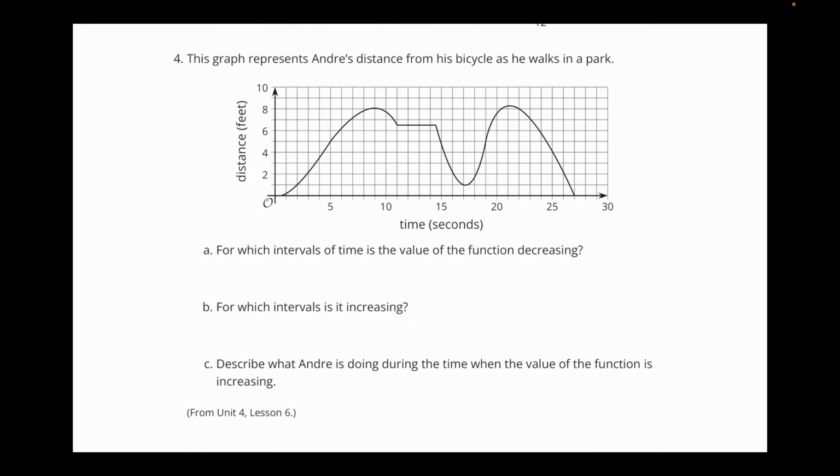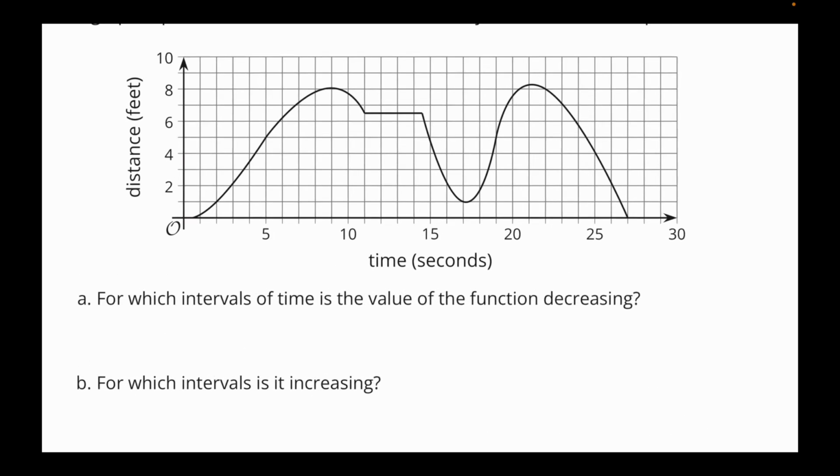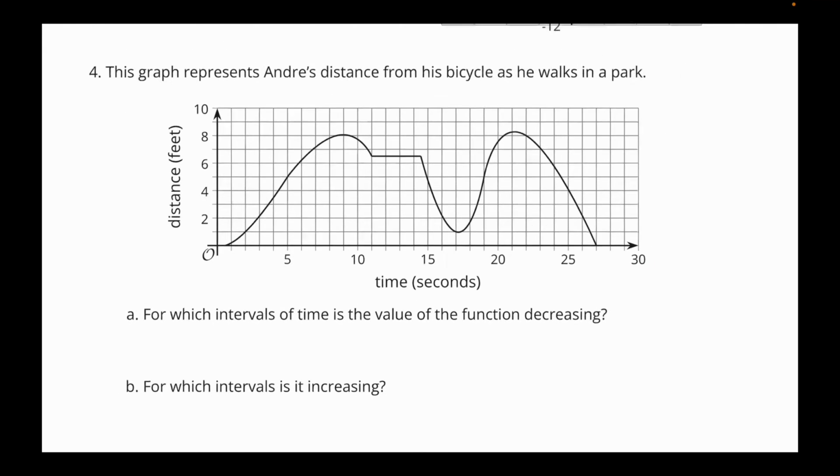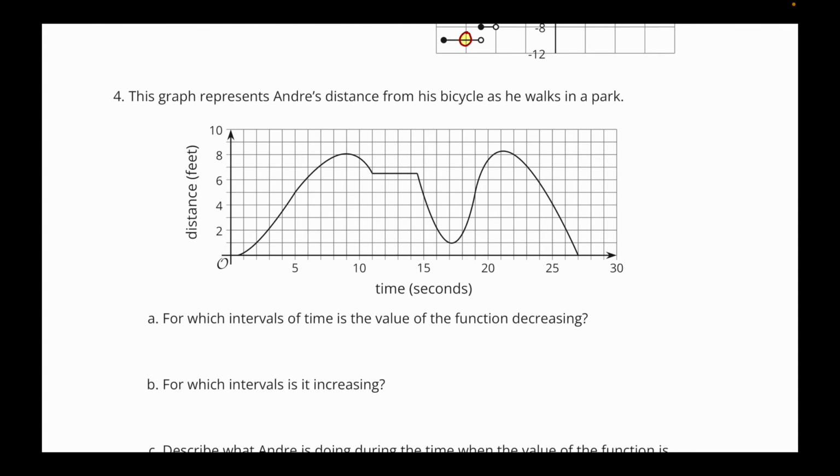So on to question 4. Now this is kind of a review question, one that we've maybe seen before, but asking some different questions about it. So this graph represents Andre and the distance from his bicycle as he walks in the park. So we want to talk about which intervals of time is the value of the function decreasing to start with.